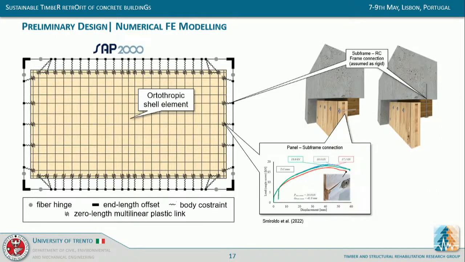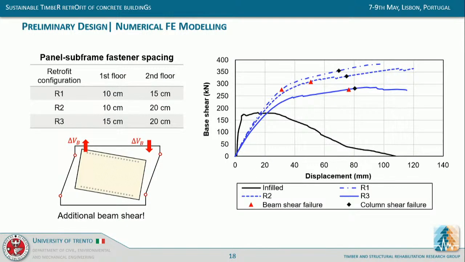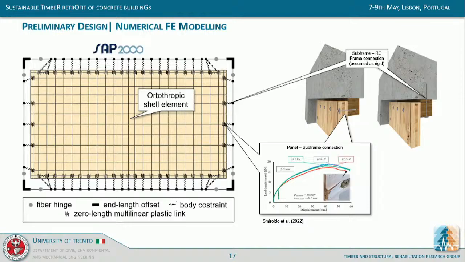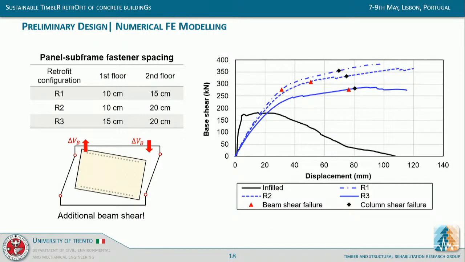Then, once we select the connection, the timber-to-timber connection was made with, as I said, run-of-the-mill single-threaded screws. In this case, it's 10 millimeters because that's the optimal one in order to have the double plastic hinges form in the fasteners.